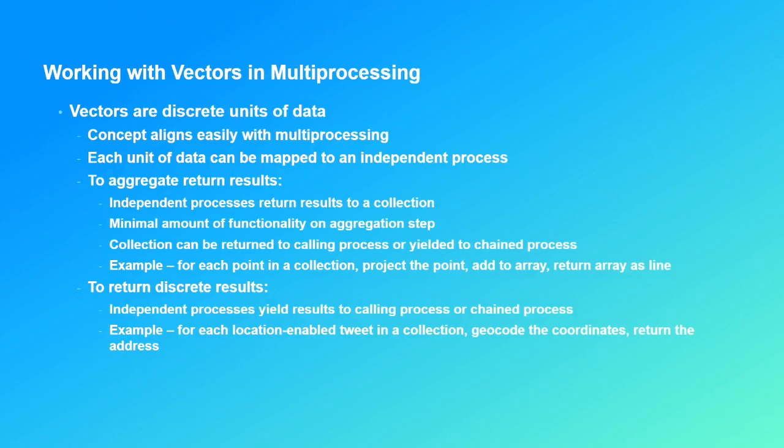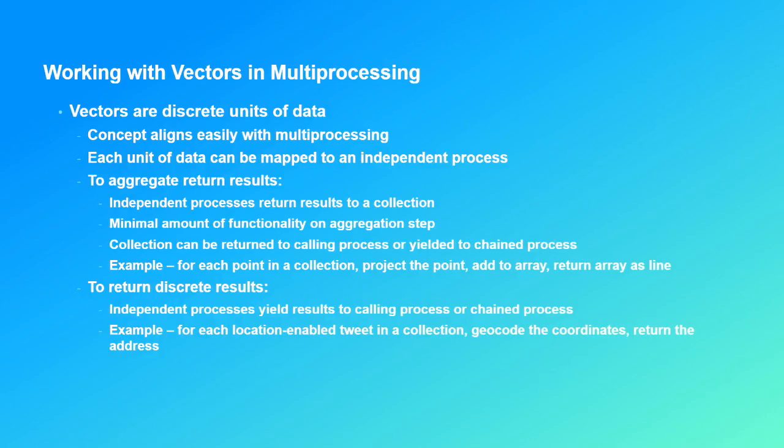Now, another thing that I'd mentioned before is that you're either going to try and return a result set in which everything has been aggregated into more consumable units of data, or you can have those come out as discrete results as well.